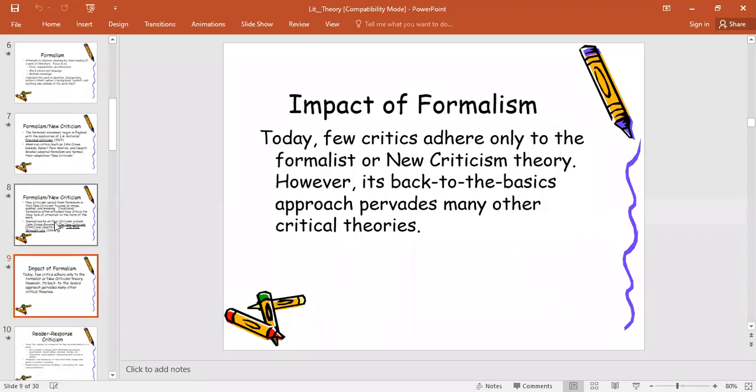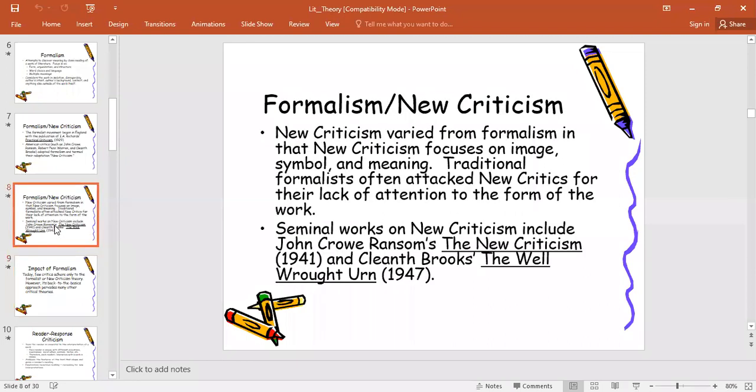Impact of formalism. Here, new criticism varied from formalism in that new criticism focuses on image, symbol, and meaning. Traditional formalists often attacked new critics for their lack of attention to the form of the work.